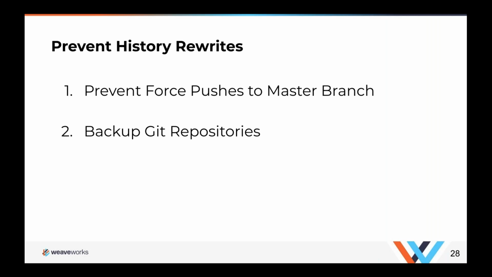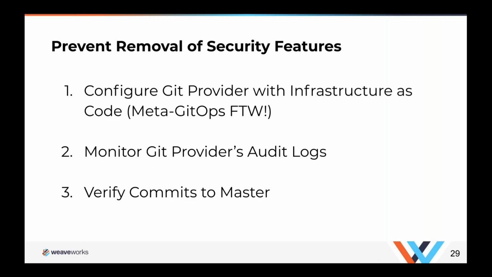You can prevent force pushes and back up your Git repository. Backing up your Git repository essentially means you clone the Git repository on a, say, daily, weekly, or hourly basis, however you want. Git by default is distributed, so backing up something just means that you make a clone copy of it.